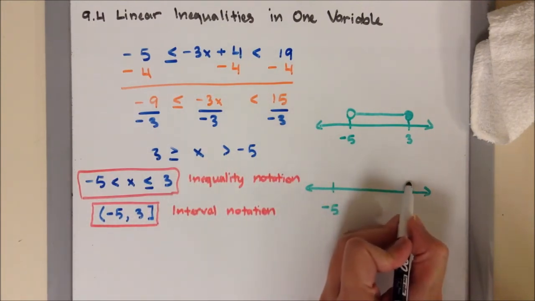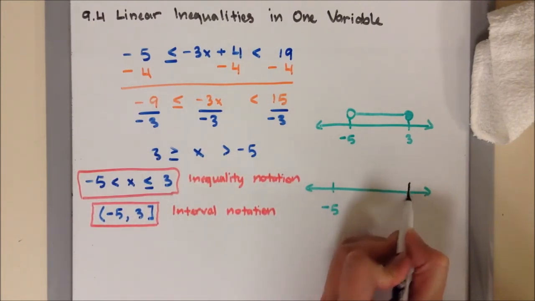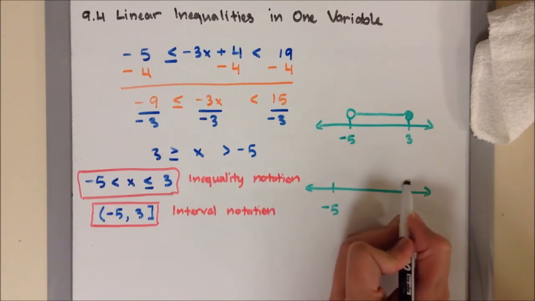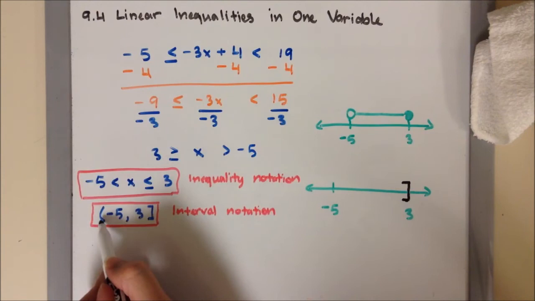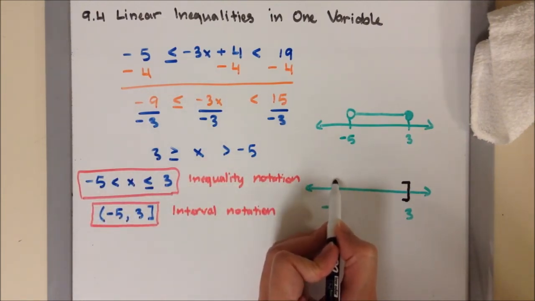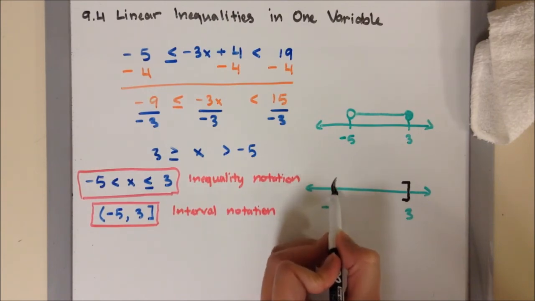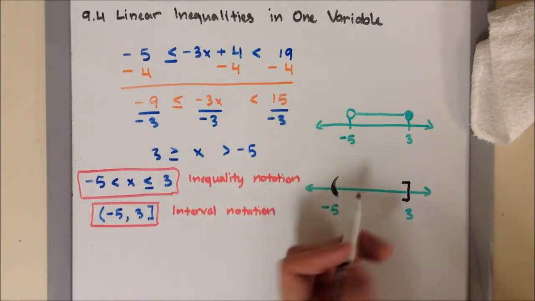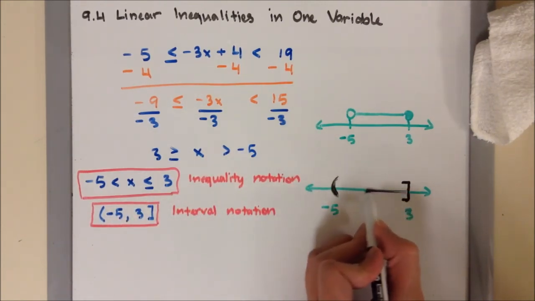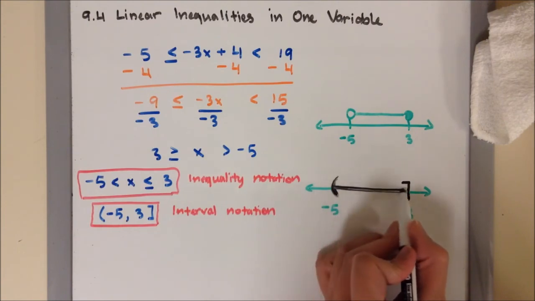So you would draw a big bracket, and then you draw a parenthesis in the same direction from your answer. So I would draw my parenthesis like this on the negative 5. It's just facing the same direction, and then I would darken the line on the number line, just like this.